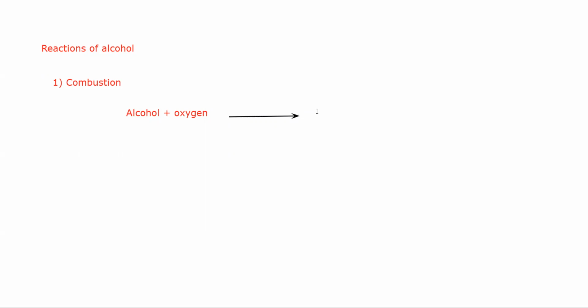So when you burn alcohol, what does it result in? It results in the formation of carbon dioxide plus water. So burning of alcohol results in the formation of carbon dioxide and water. So alcohol can be used as a fuel as well.